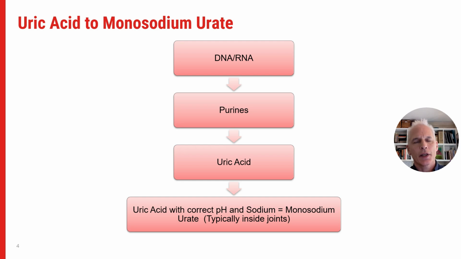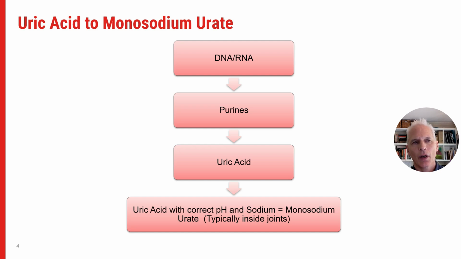When uric acid seeps into soft tissues, in higher concentrations and with the correct pH and in the presence of sodium, it can connect with the sodium and form monosodium urate. Monosodium urate is the substance that people typically refer to inside joints, which is the form that tends to crystallize.